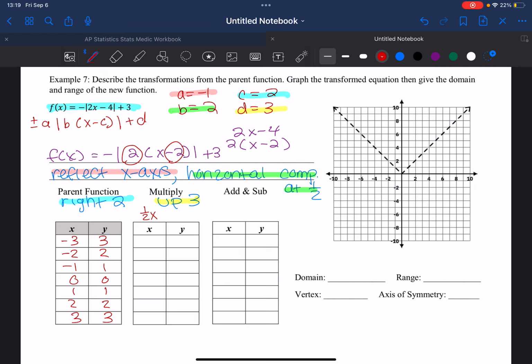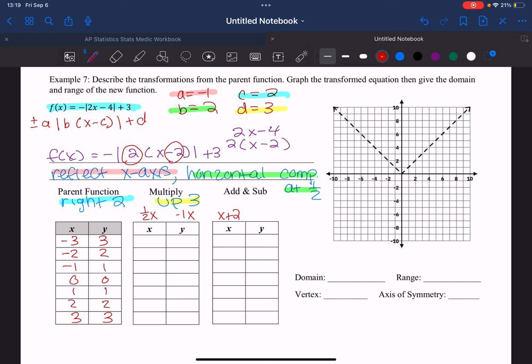Our y value is going to be multiplied by -1 for the reflection across the x-axis. So -1x, okay? And then once we do that part, we are going to add 2 to x, because we went right 2.